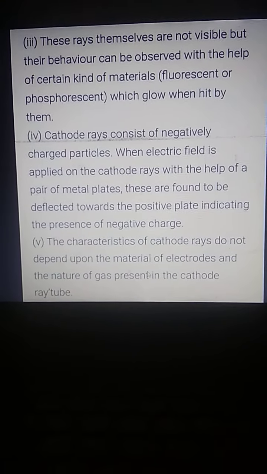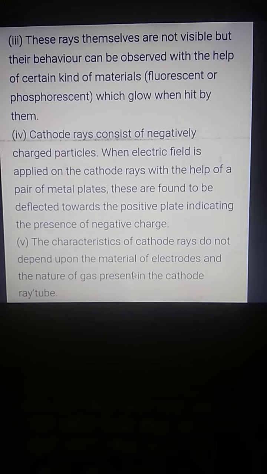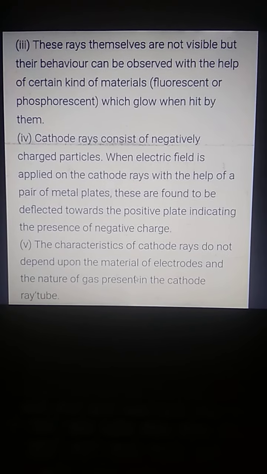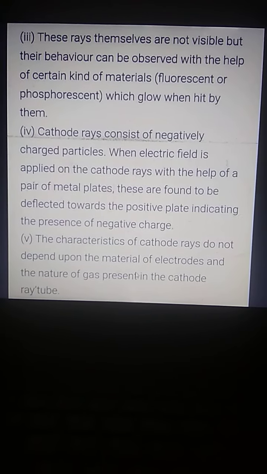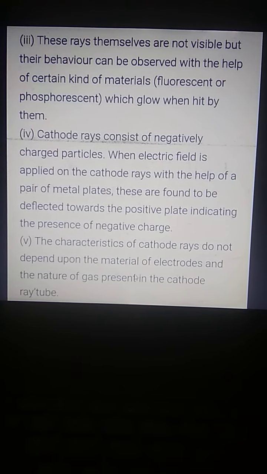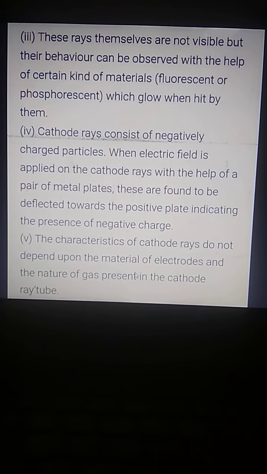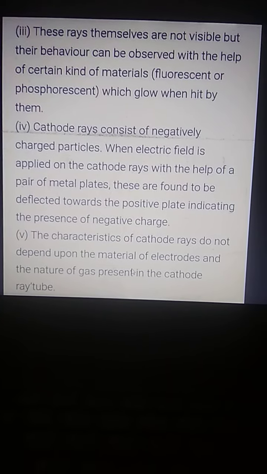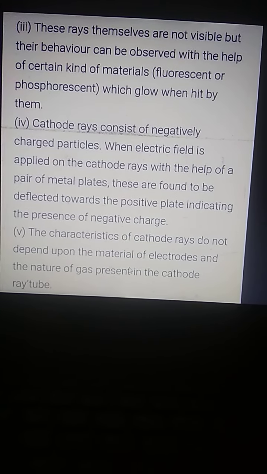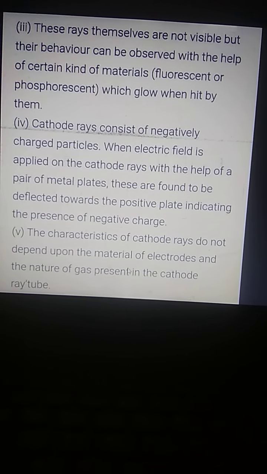Next characteristic of the cathode rays is that they do not depend upon the material of the electrode and the nature of the gas. We can take any material for the electrode, or any gas in the discharge tube. The rays emitted will be the same, and they will be of negative charge only. With any electrode or any gas, the same type of particles are emitted.